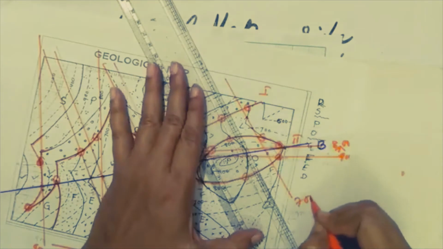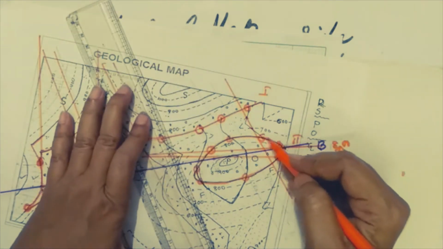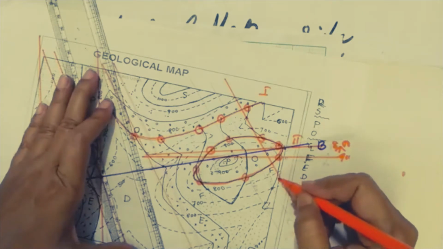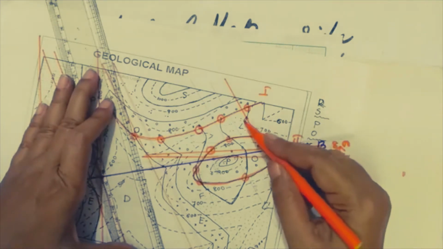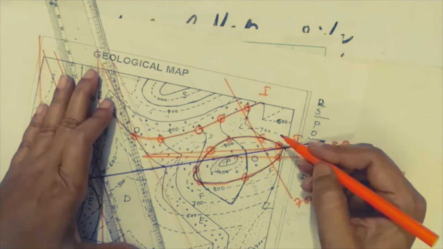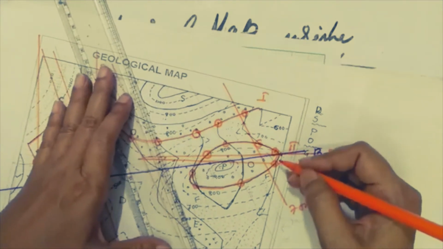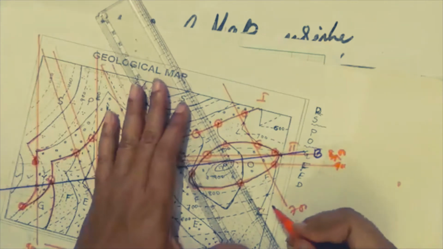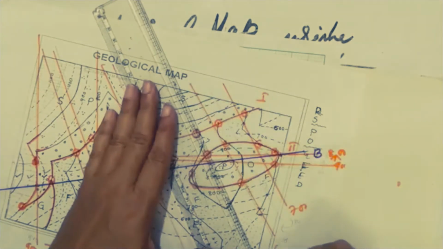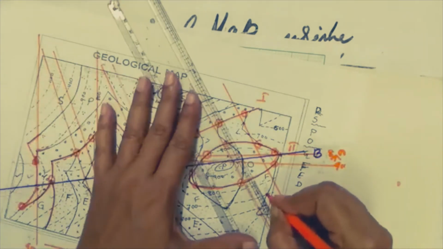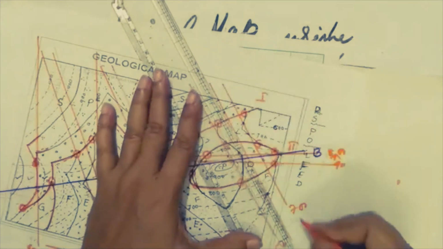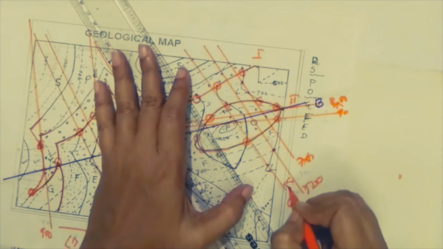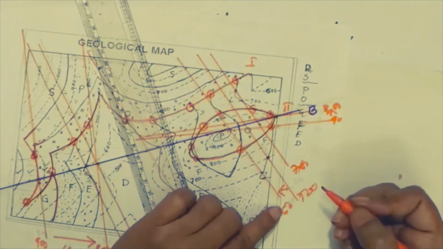This is 700 feet, and this layer cuts here, this is 700 feet, this is 700 feet. Go through the other beds. This is 600 feet, this is 600 feet, and this one is 700 feet. Just ignore that, this is 700 feet. So obviously the deduction is that this is 700 feet, this is 600 feet.